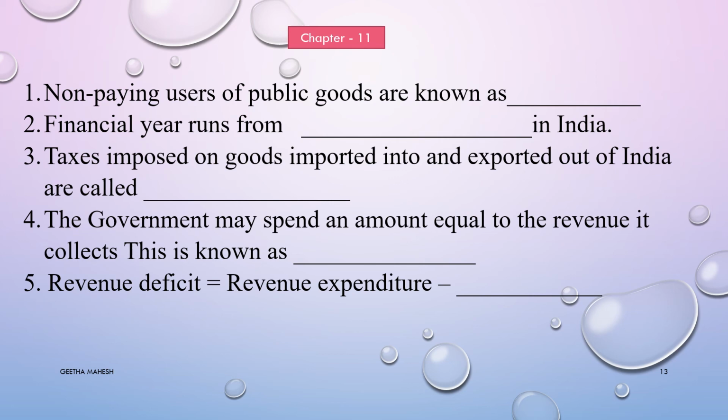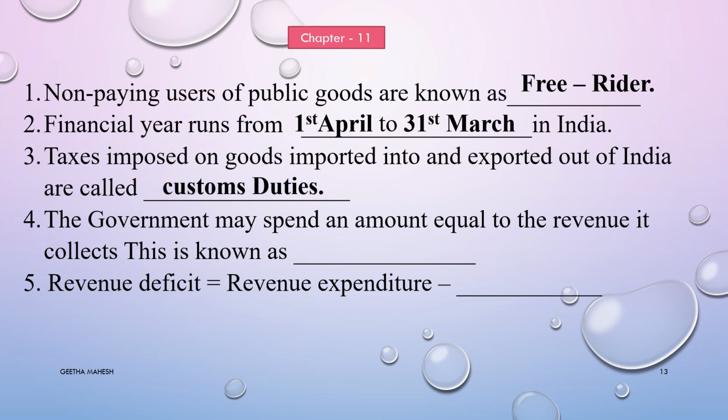Non-paying users of public goods are known as free riders. Financial year runs from 1st April to 31st March in India. Taxes imposed on goods imported into and exported out of India are called custom duties.